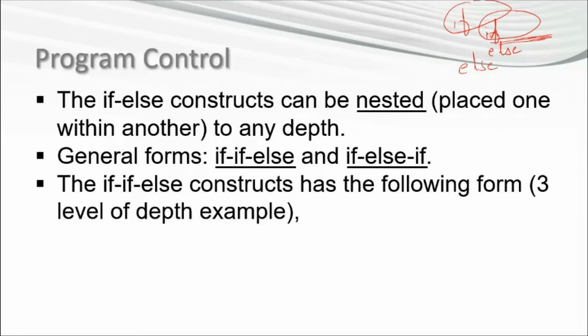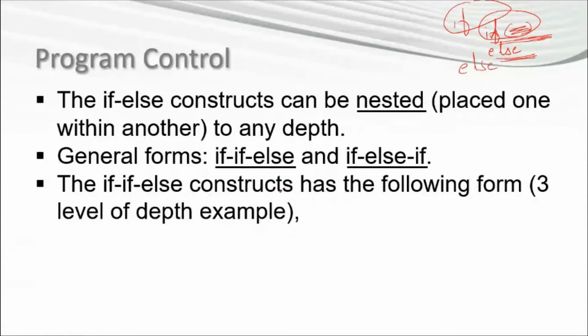And if the condition within this bracket is false, then the lines of code here will be executed. So the two general forms of nested if else statements are if else and if else if. These are the two different nested program structures.